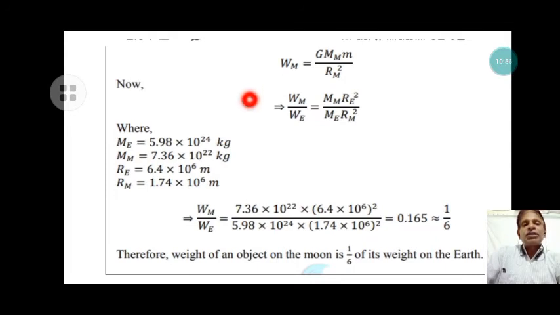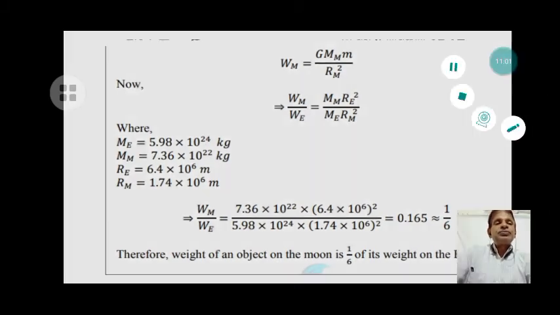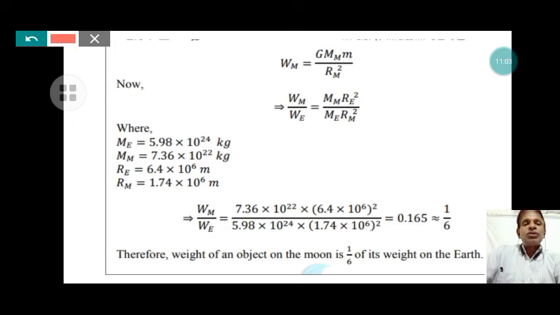Here m is the mass of the moon. If you observe the calculation, the mass of the earth, M_e, is about 100 times the mass of the moon, M_m.